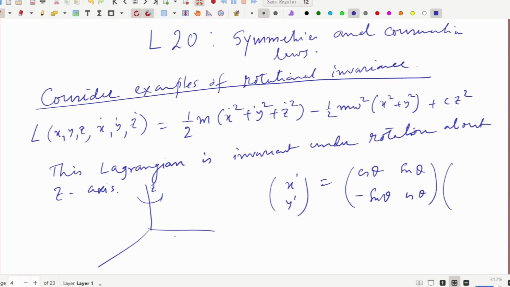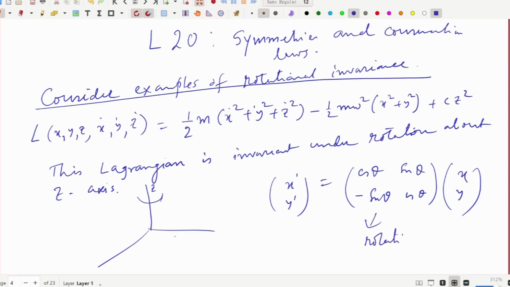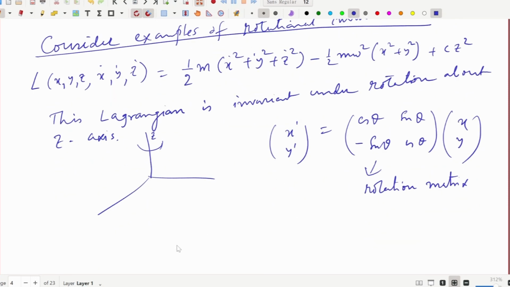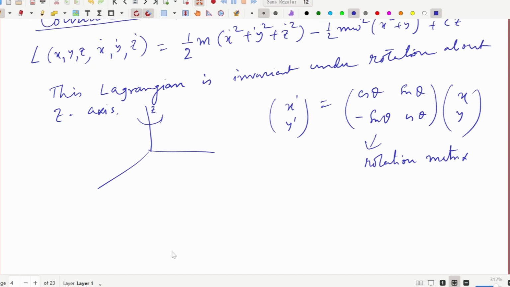It is well known to you that under rotation about the z axis, the x y plane will change, and the x and y coordinates will be changed. So, this is the rotation matrix. And z will not change, because you are making a rotation about the z axis, so z will be the same.